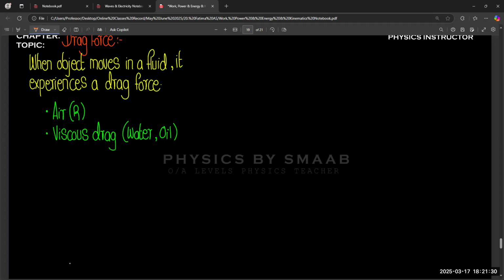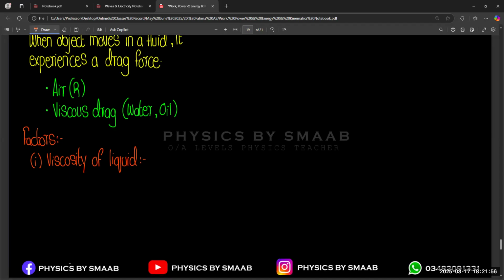And we have some factors also. The first factor is viscosity of liquid. Viscosity of liquid means thickness of the liquid.